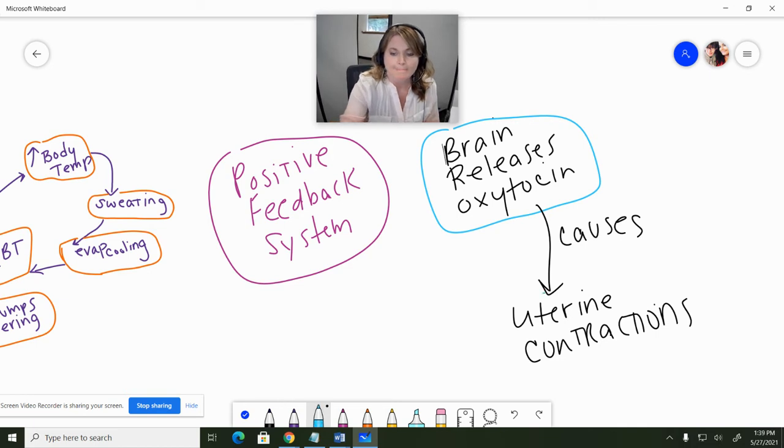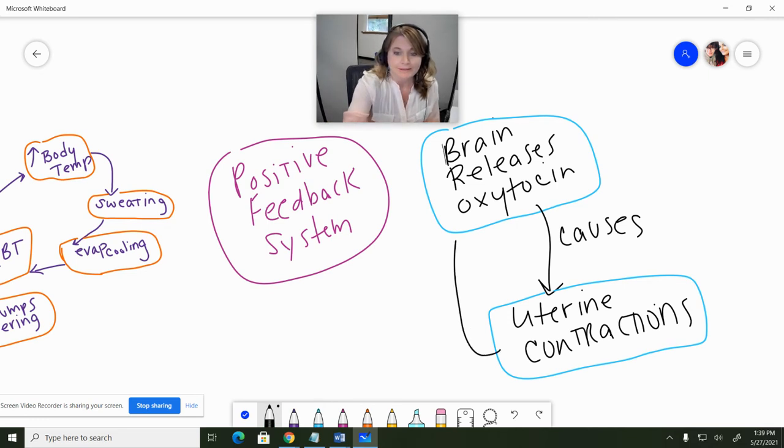Well, it just so happens that if your uterus contracts, that is going to stimulate the release of oxytocin in the brain, which then stimulates more uterine contractions, which stimulates even more oxytocin to be released.